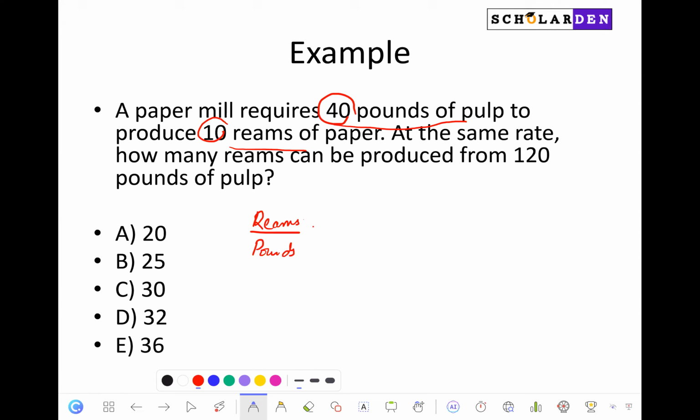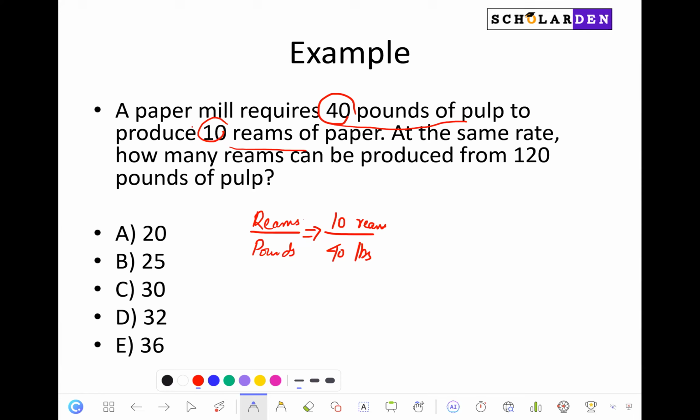So for every 40 pounds of pulp, we get 10 reams of paper.